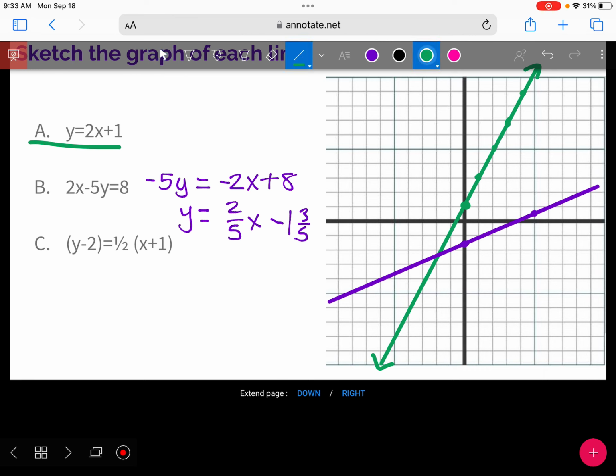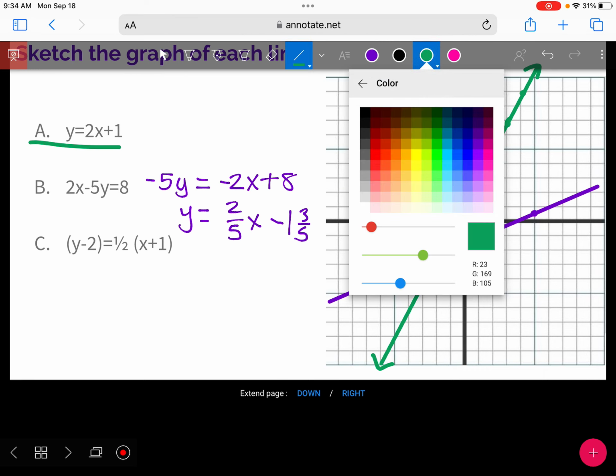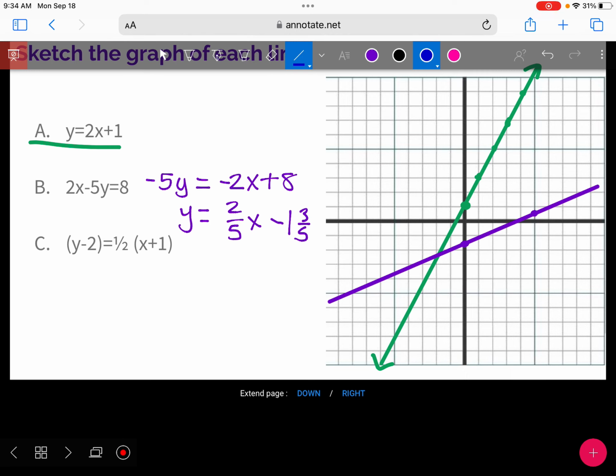And our bottom one, we're going to grab our random point from inside this point slope form. Remember, it's y minus y1 equals 1/2 x minus x1.